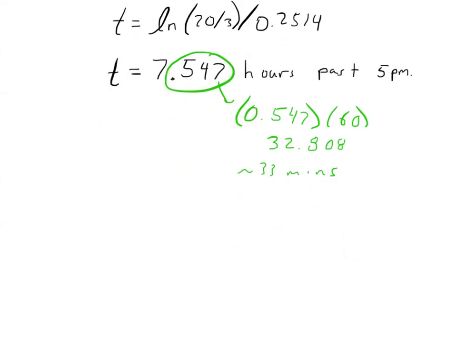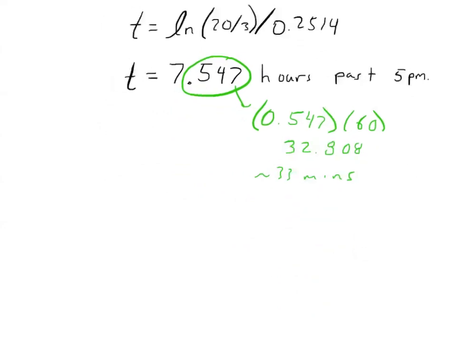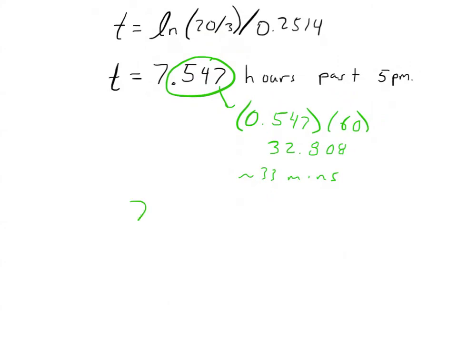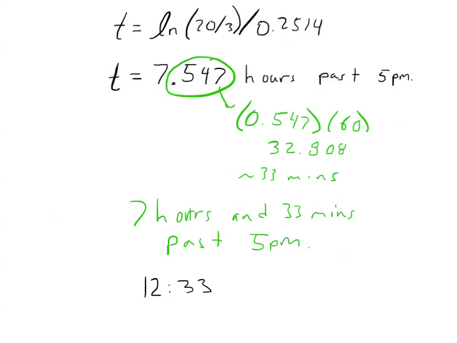It basically means that our time is 7 hours and 33 minutes past 5 p.m. So the final answer for this one is basically that it was 12:33 a.m. the next day, right? So that's our answer for part C.